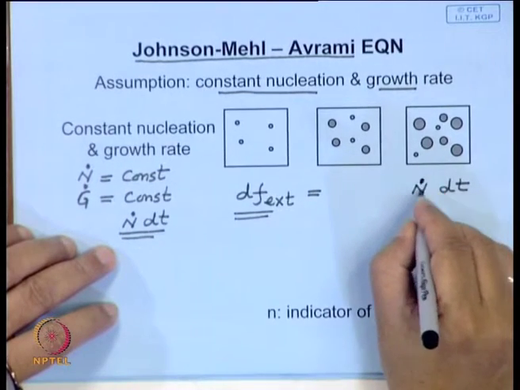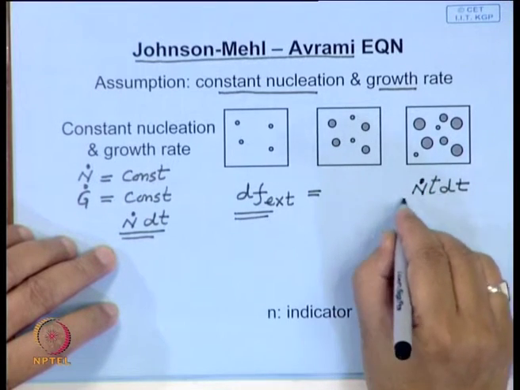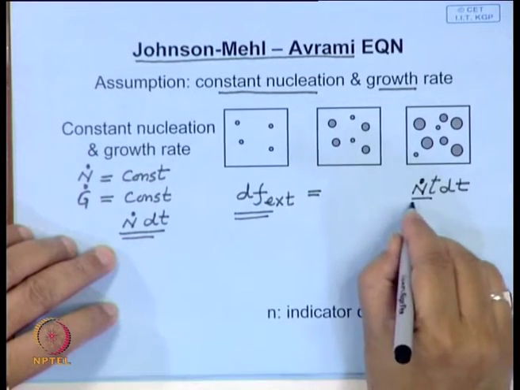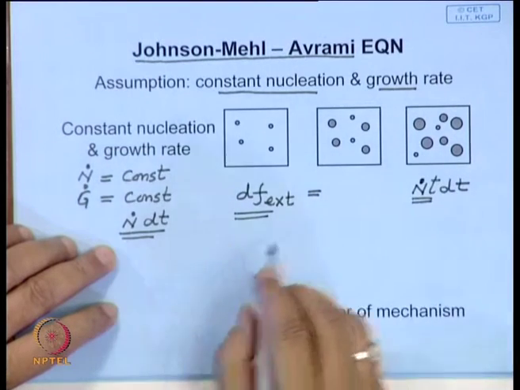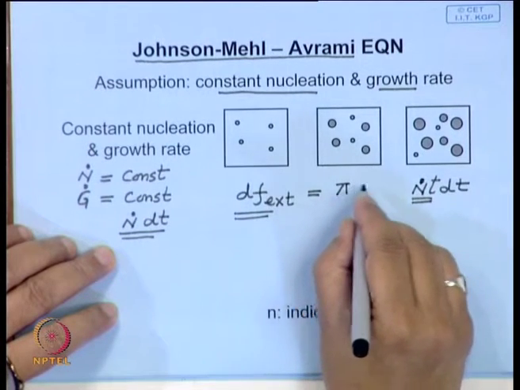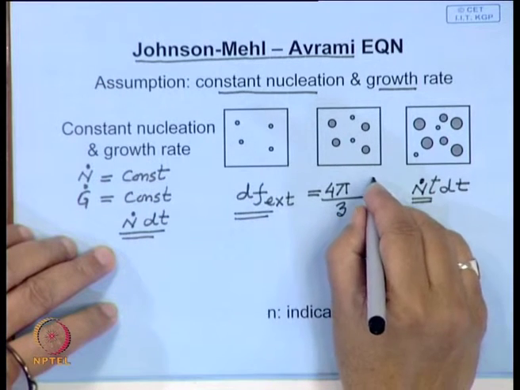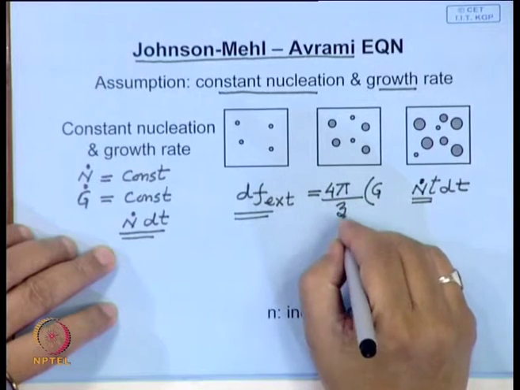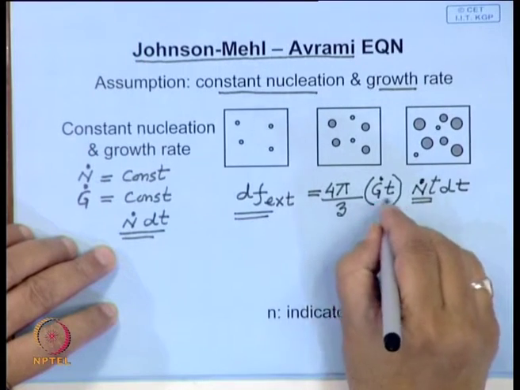So, up to that time n dot times t, that many nuclei are already there, and these are going to grow, and then you find out the average size of the nuclei, so this is 4 pi by 3, then g dot times the average size.